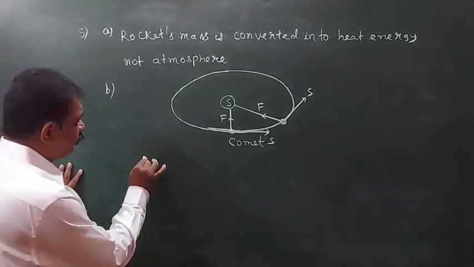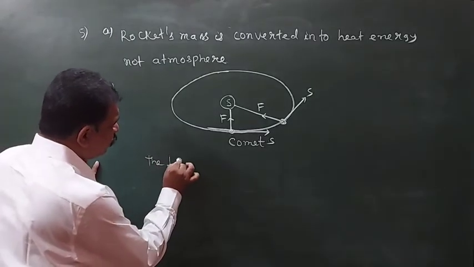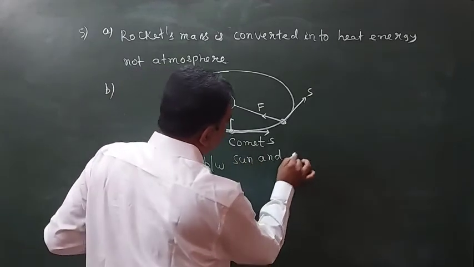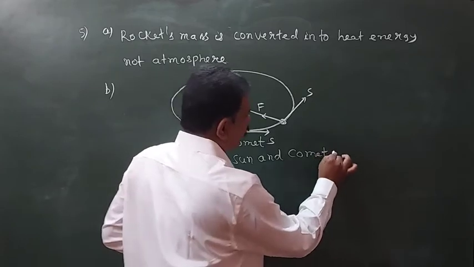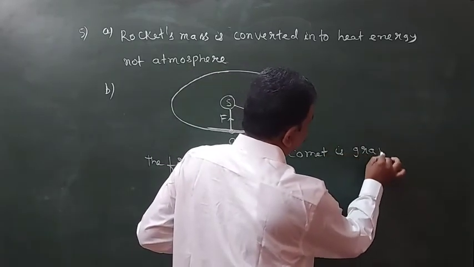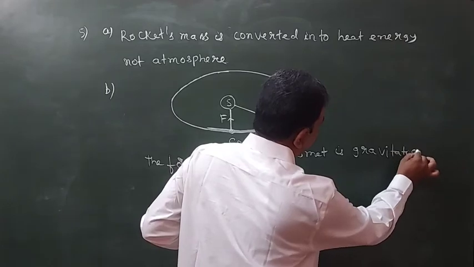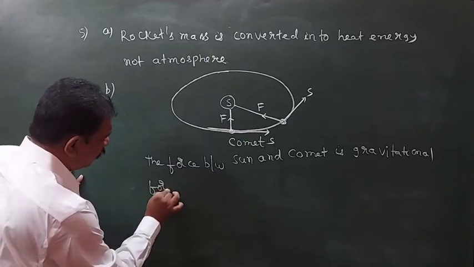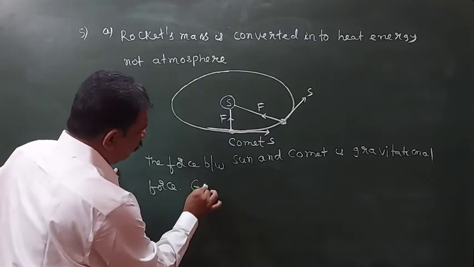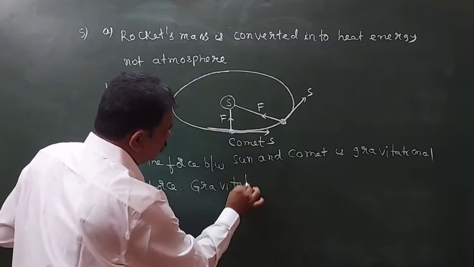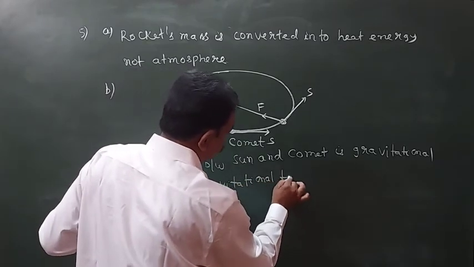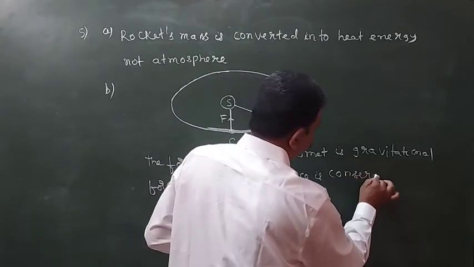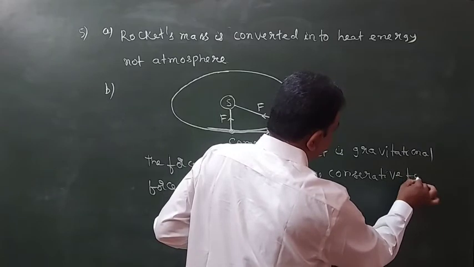Write like this. The force between sun and comet is gravitational force. Gravitational force is conservative force.